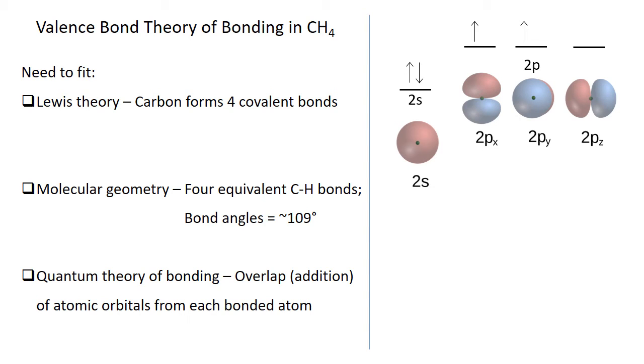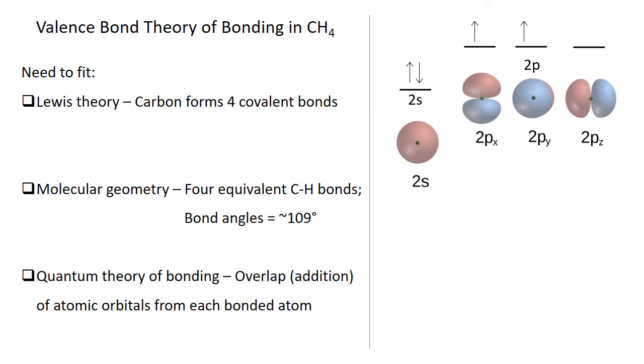I have 2 electrons in a spherically shaped 2s orbital, and I have 2 individual electrons, each in 2 of my p orbitals, the third orbital being empty. Which one of these is empty, px, py, or pz, I can't be sure, but I know that 2 of the orbitals contain 1 electron each.